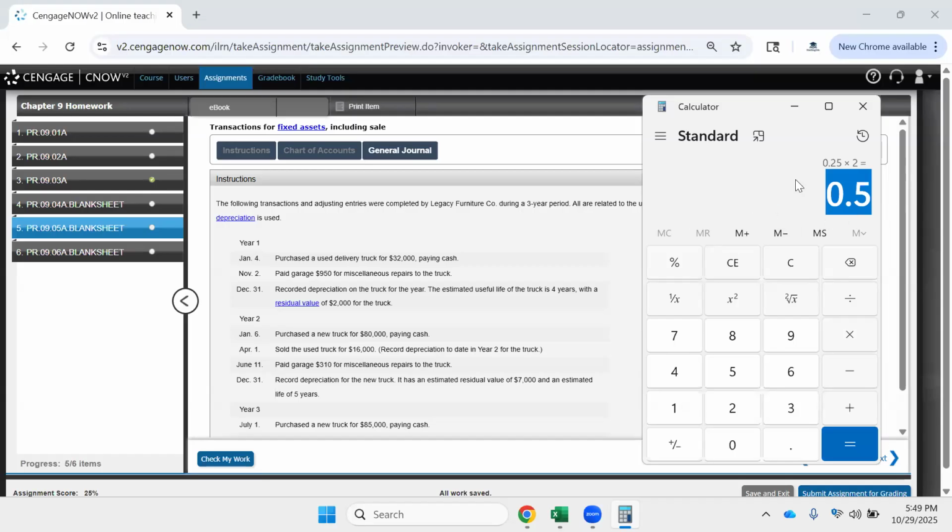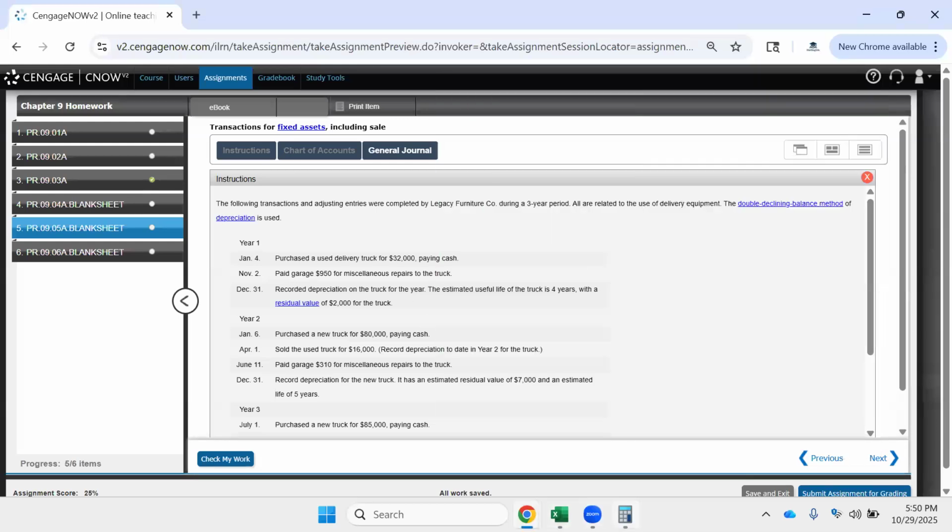So there's just some background for you, but that's a good way to remember why we multiply the net book value by 50% and not the depreciable base, as we would in the straight line method.